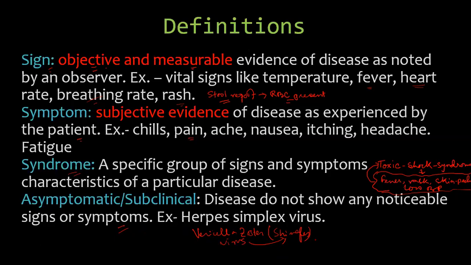After 30 to 40 years you can start getting all the signs and symptoms, and it can develop shingles. During those years that virus was somewhere inside your body, but you didn't know that. So that's the asymptomatic subclinical disease.